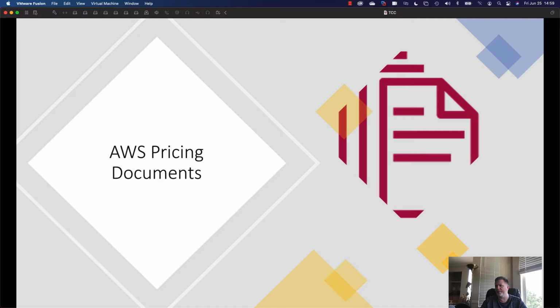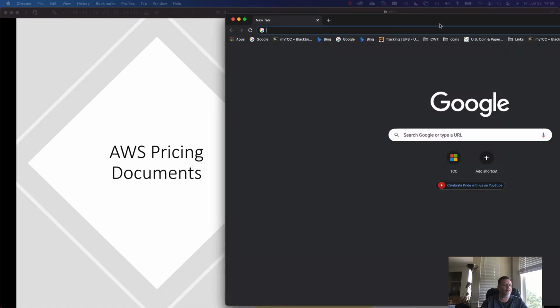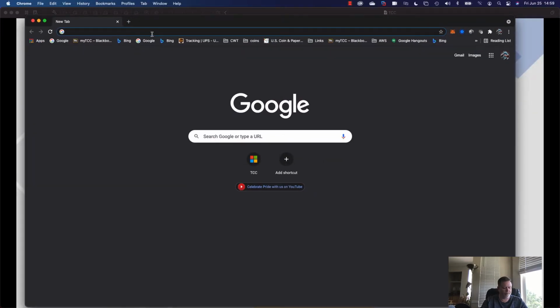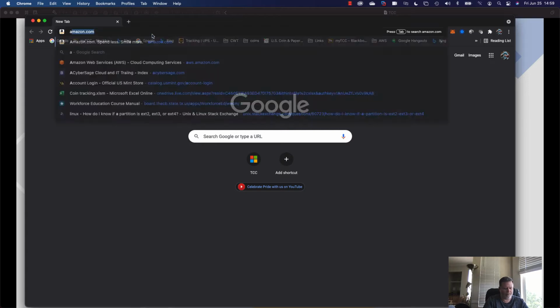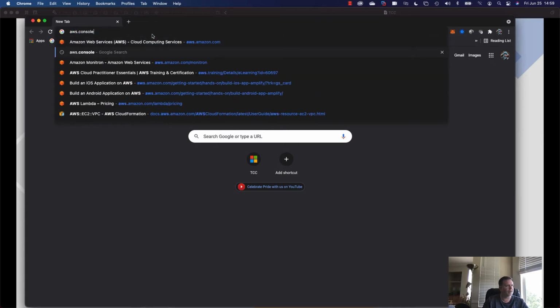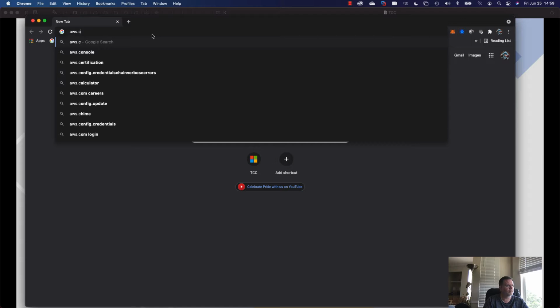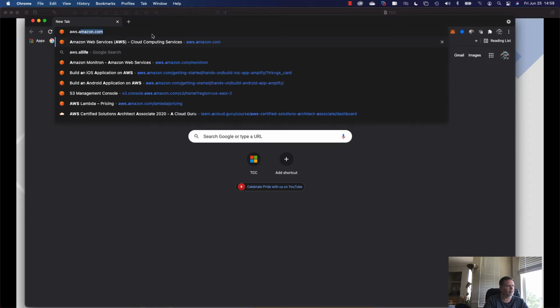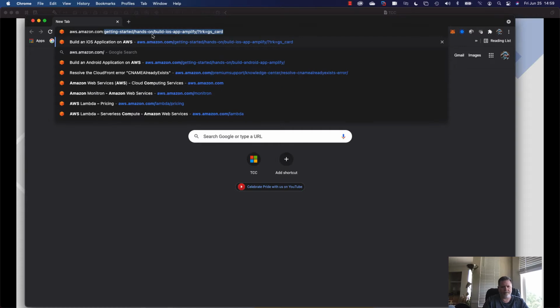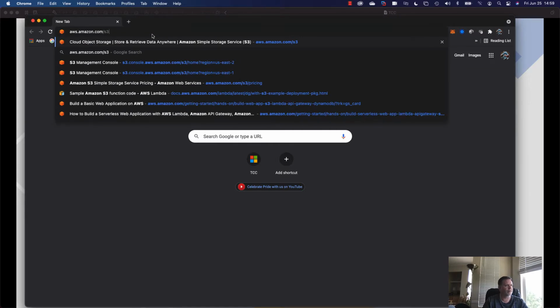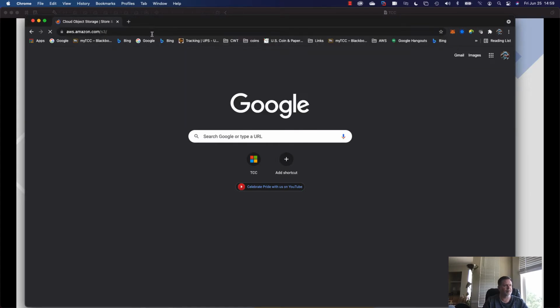So you would want to go, let me bring up a web page here, and let's go over here, and we'll go to aws.amazon.com/S3, because we're wanting to know about the S3 service.